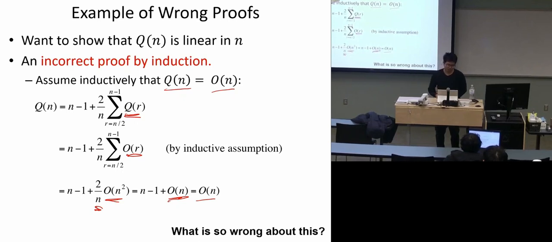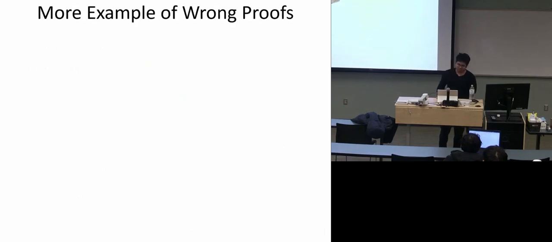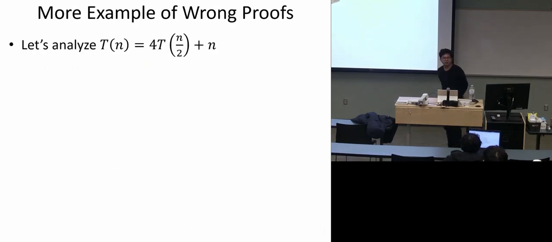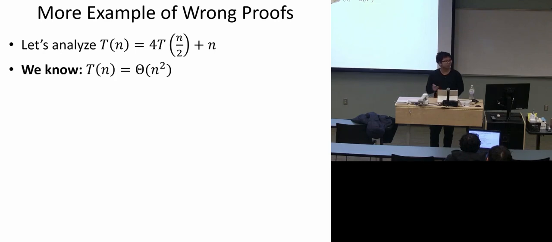Well, it can be really wrong, because let's see another example. Let's try to analyze T of n, this equation. We have seen this before, and we know that T of n is n squared. It's not less than that.